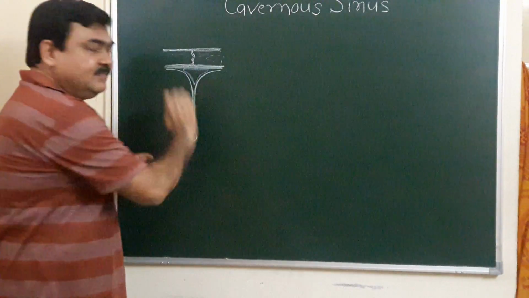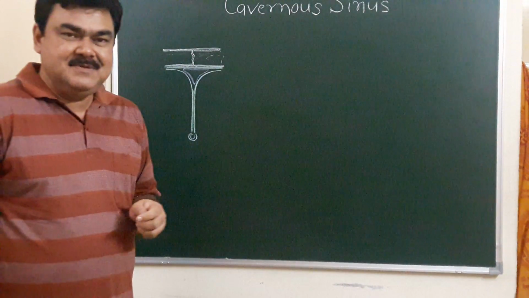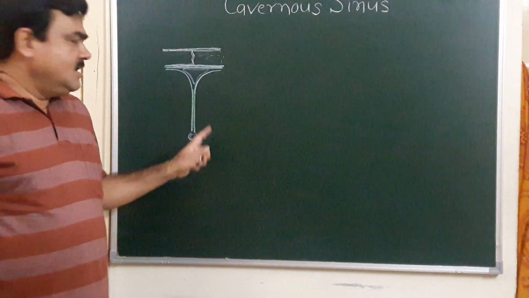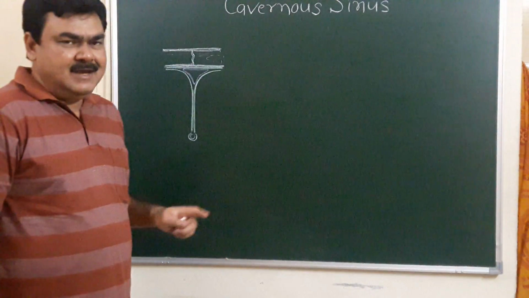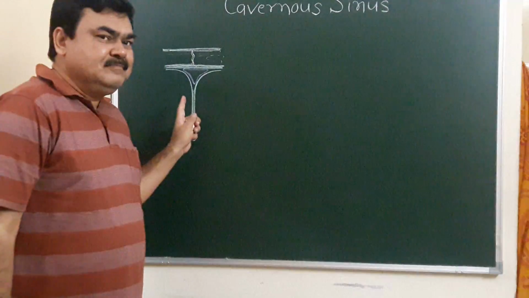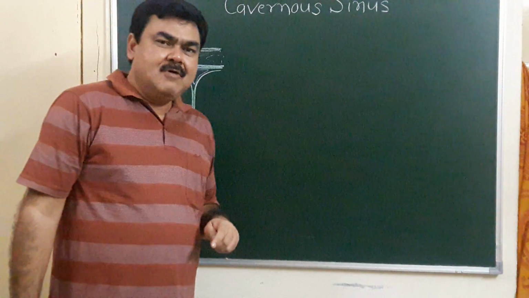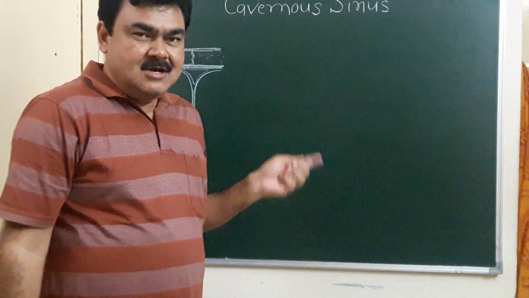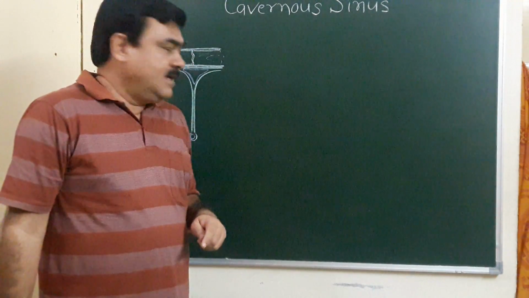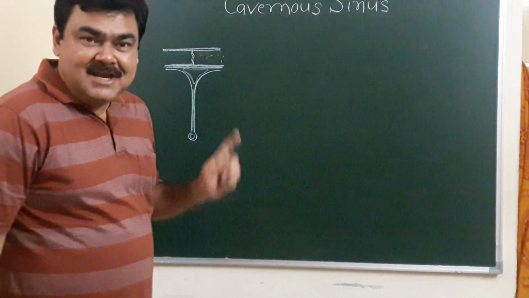Here and here two cerebral hemispheres are present. So it lies between two cerebral hemispheres. So it is the falx cerebri. This folding of the meningeal layer forms the falx cerebri, tentorium cerebelli, and diaphragma sellae.